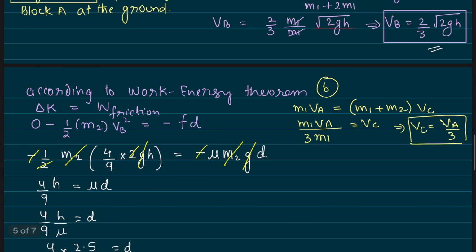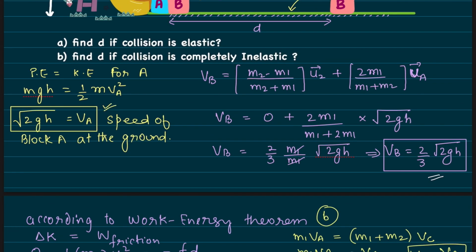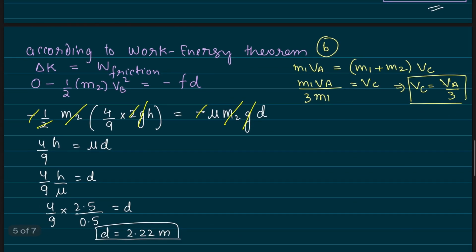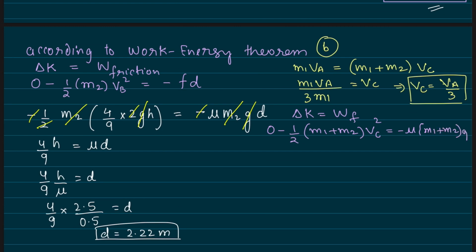We have calculated the value of va. This is the speed va, square root of 2gh. Now again we will use the work energy theorem. According to the work energy theorem, change in kinetic energy is equal to work done by friction. So again, final kinetic energy minus initial kinetic energy, and now both the blocks are combined, so we use the initial kinetic energy with common velocity, and negative mu (m1 plus m2) g d.